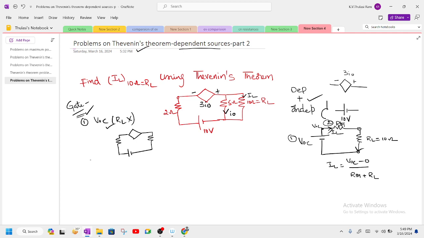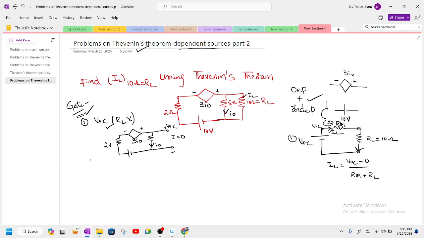This is the network given to us, and this load resistor we have made open. When it is open, the current is zero. This will develop a voltage which is called the open circuit voltage, and this is called the negative terminal. In the problem, the current is flowing like this, and this is 3 into I naught.